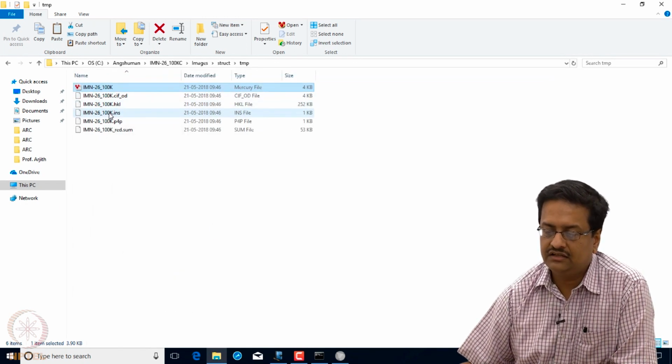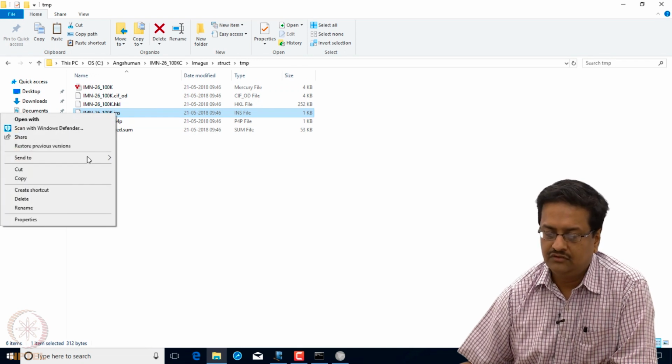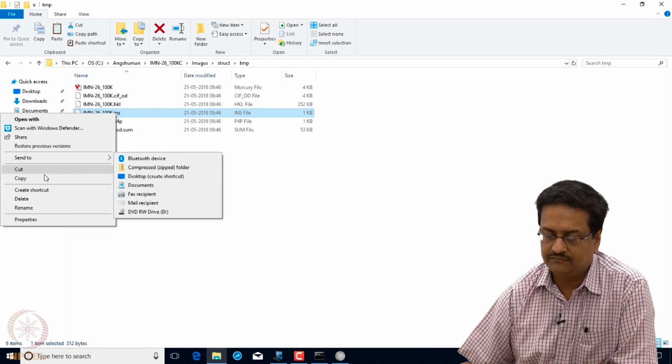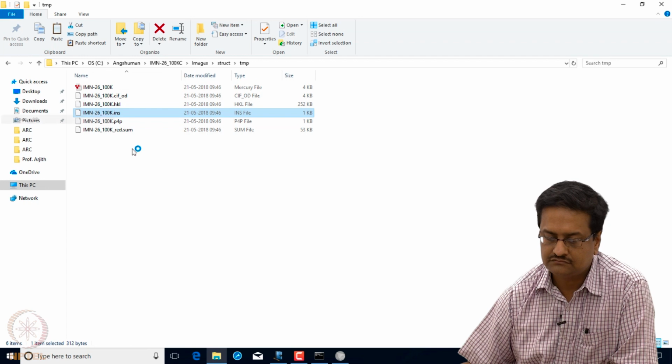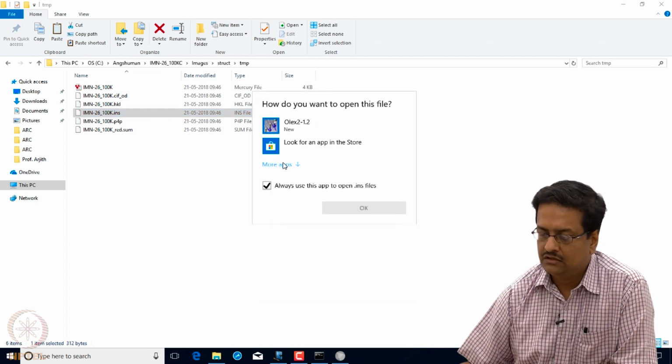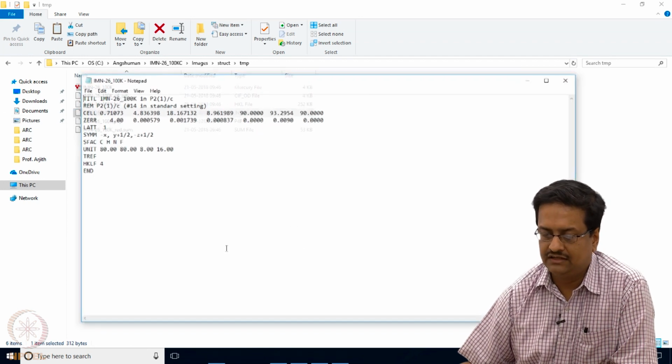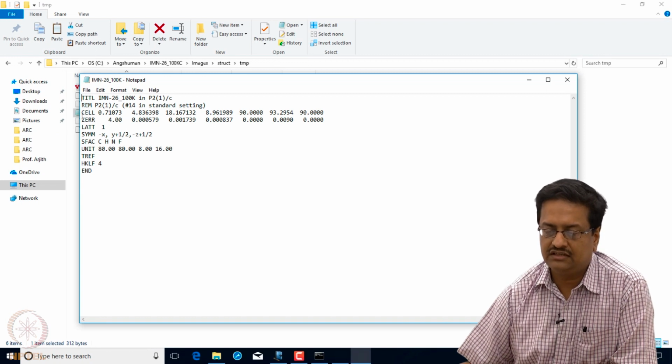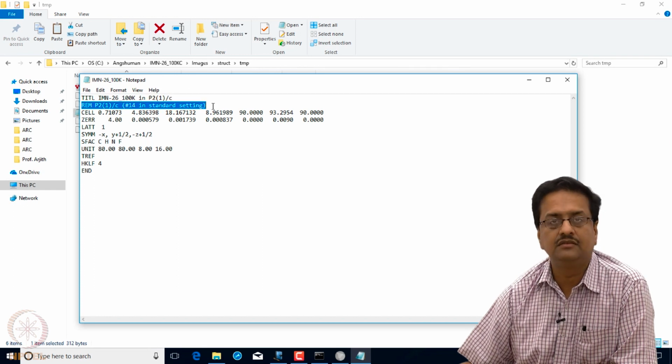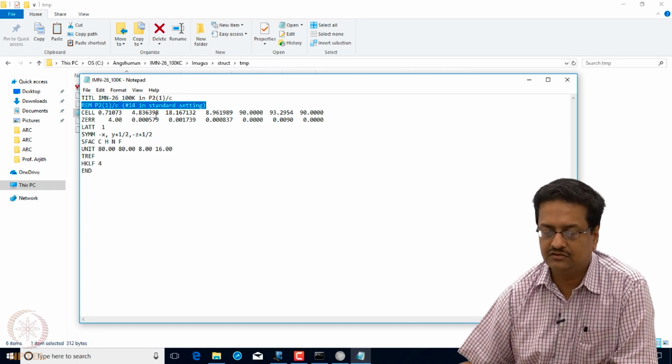Here we have the INS file, which we can open using Notepad. It is also a text file, and here you can see that you have a title. This line is not going to be read; this is just the information about the space group.